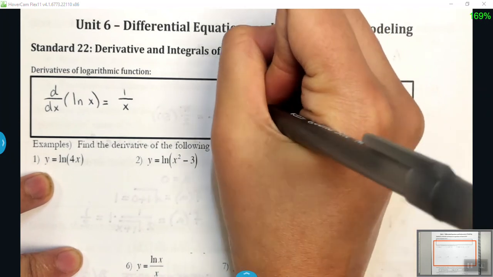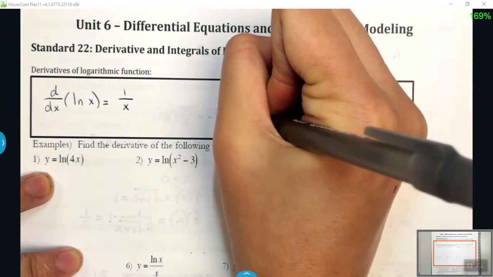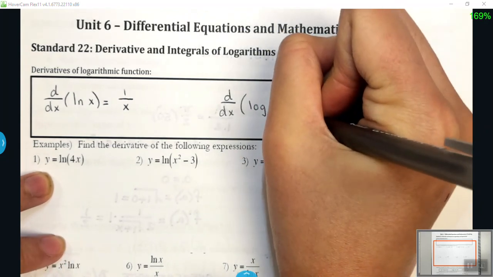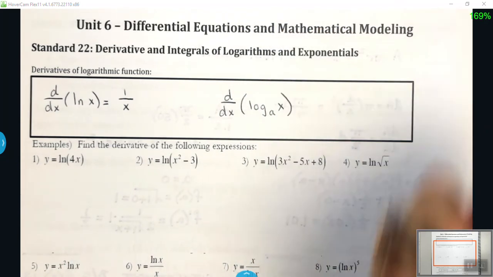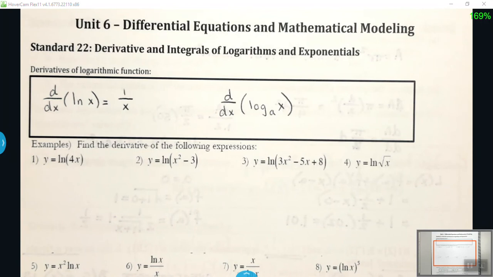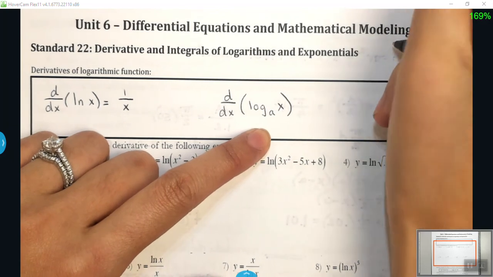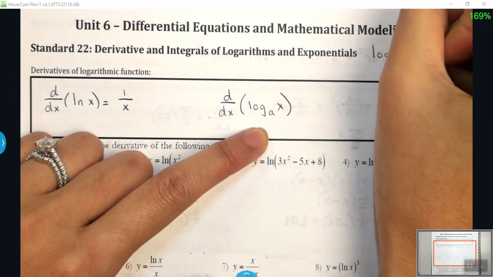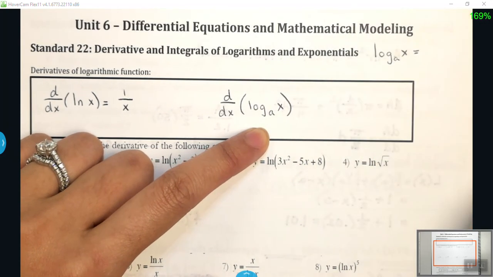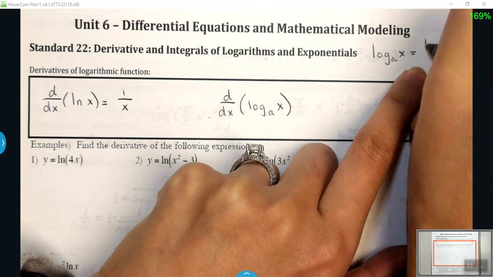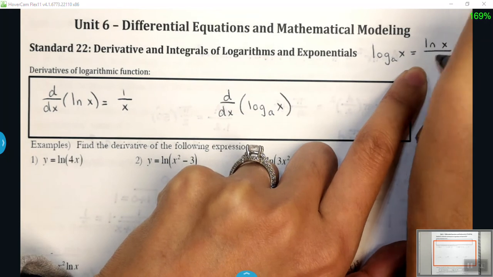All right. So if I ask you to take the derivative of log base a of x, a log with a different base, do you remember the change of base formula? That's log x over log a, but better, natural log x over natural log a.